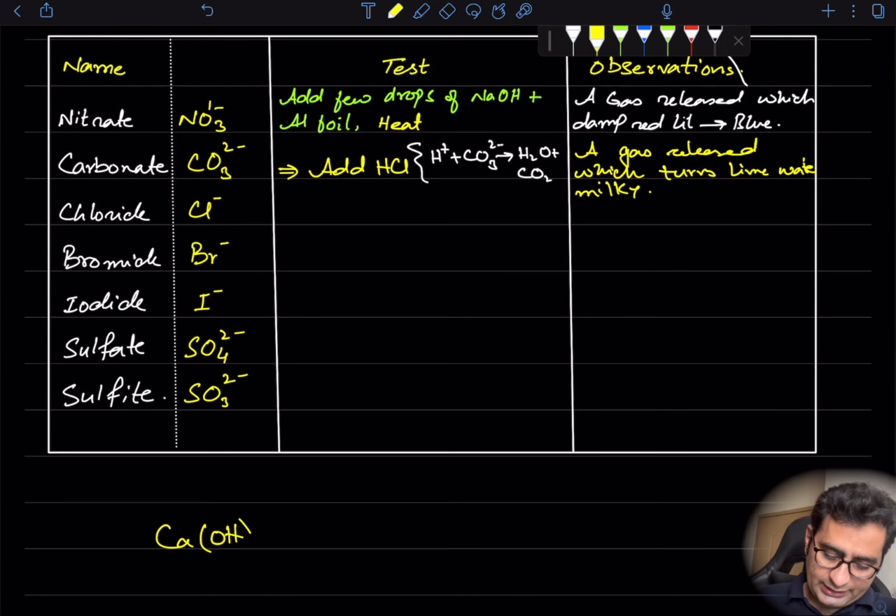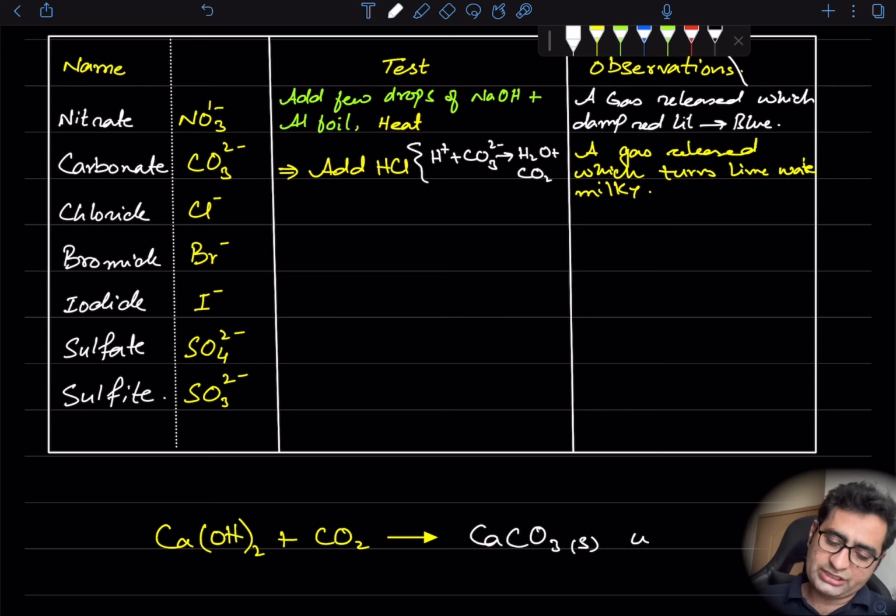This is lime water, calcium hydroxide. When carbon dioxide is passed, carbon dioxide is an acidic gas, and calcium hydroxide is an alkali. Both react to form calcium carbonate, CaCO3 solid. This is a white or milky precipitate. So this colorless solution will turn into a white precipitate. Calcium hydroxide is a colorless solution. This is a positive test for carbonate.